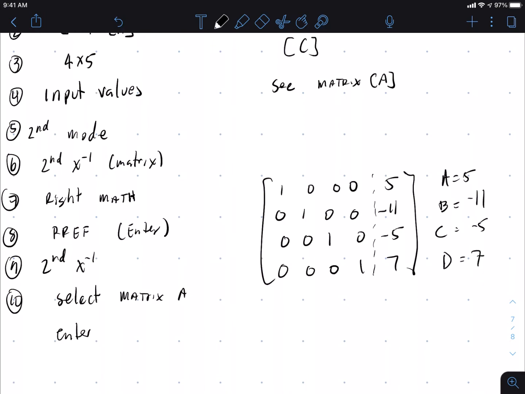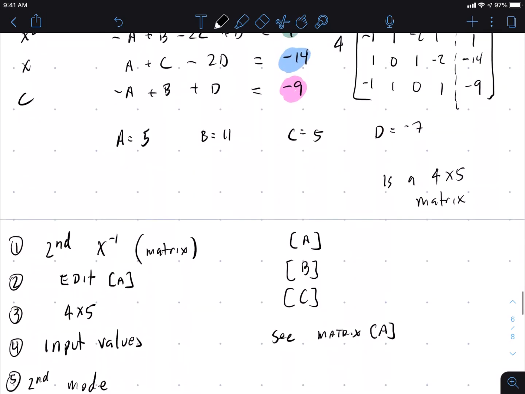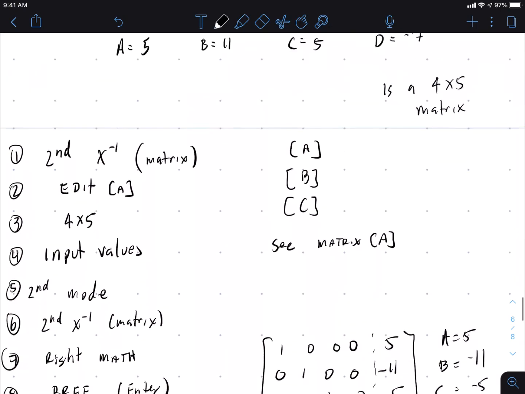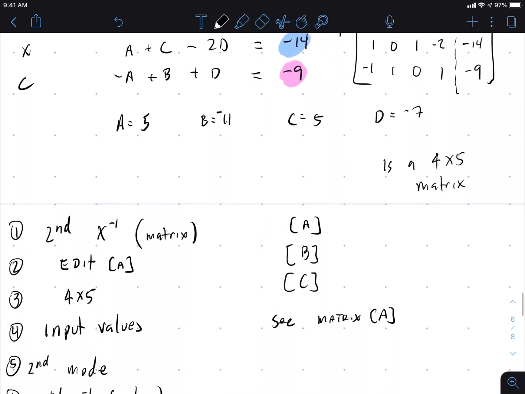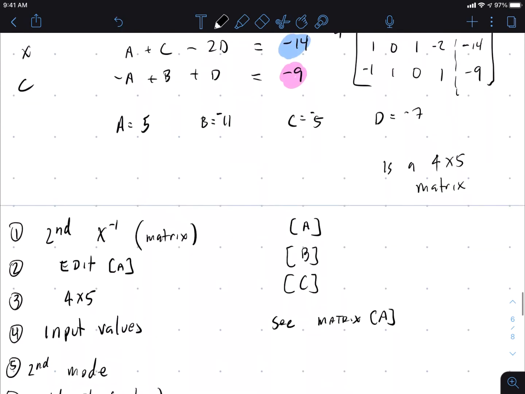So I obviously had gotten the wrong value, so I've got to fix that. What did I have? 5, negative 11, negative 5, and a positive 7. That will save you time in terms of trying to solve your matrices.